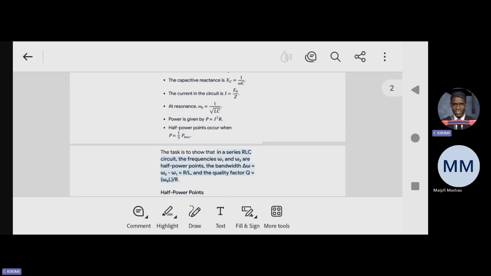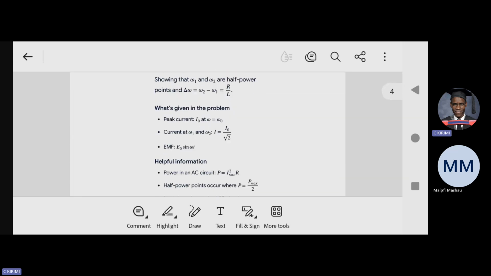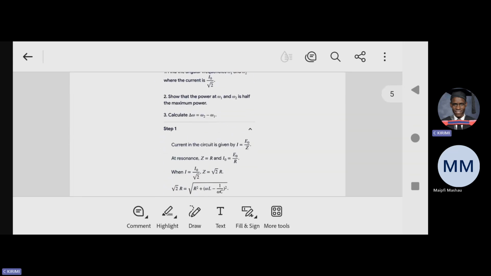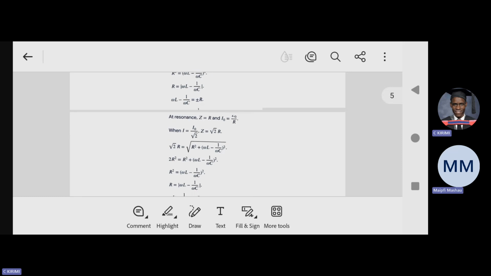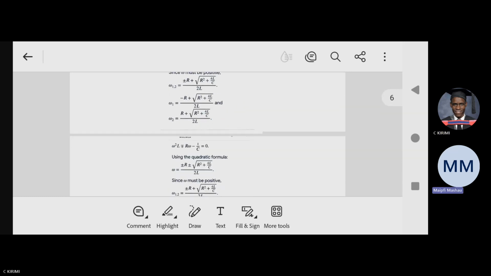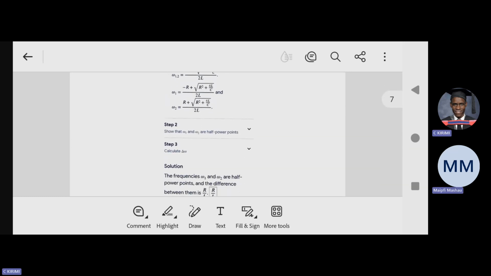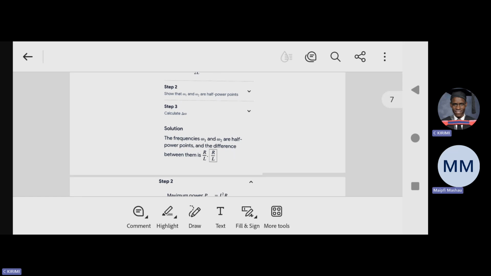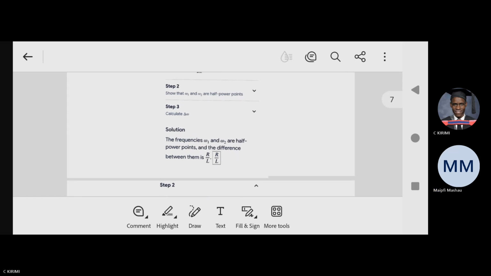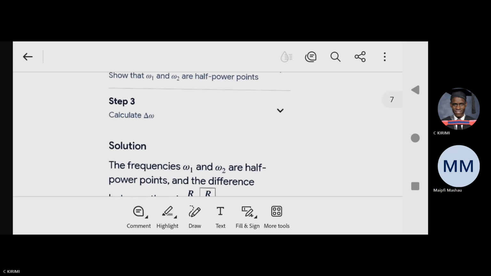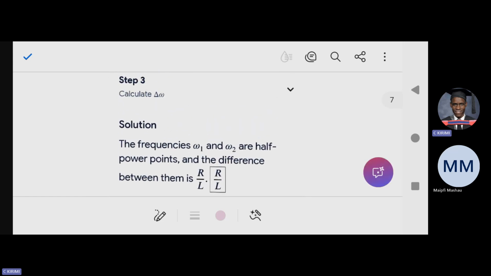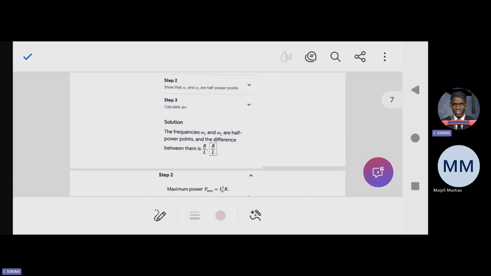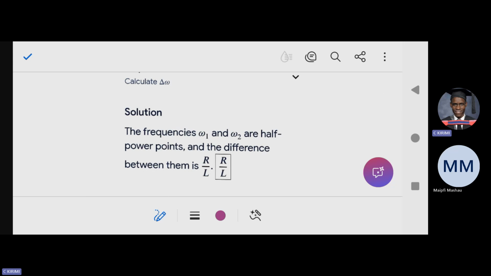So yesterday, where we left, we were showing that they have half power points, and also showing that delta omega, the change in omega, is given by this. We showed it yesterday on that recording, how we showed this delta omega, which is omega 1 minus omega 2.